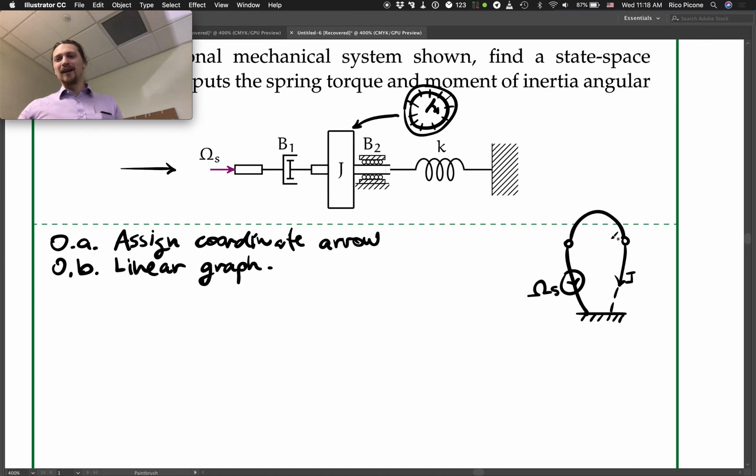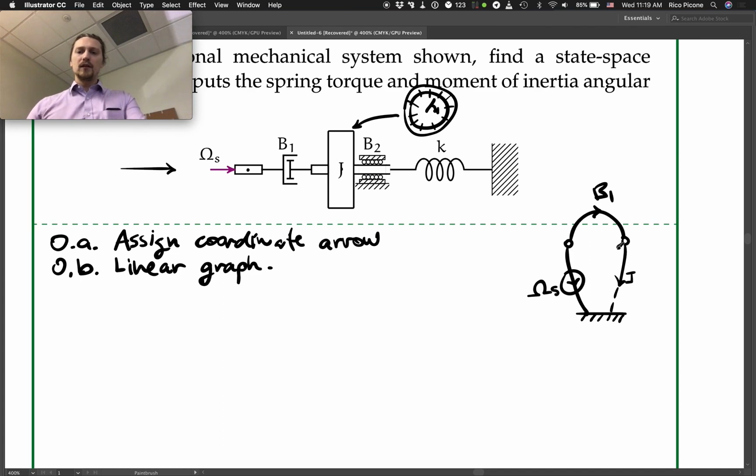So we have these several elements that are going to be coupling these nodes together. So B1 couples the angular velocity source to the moment of inertia J. So we draw the arrow to the right because that is the direction of the coordinate arrow. So if you follow the coordinate arrow from left to right, you hit this node and then you hit this node. So B1, our convention says to draw in that direction. We have a connection to ground here with B2.